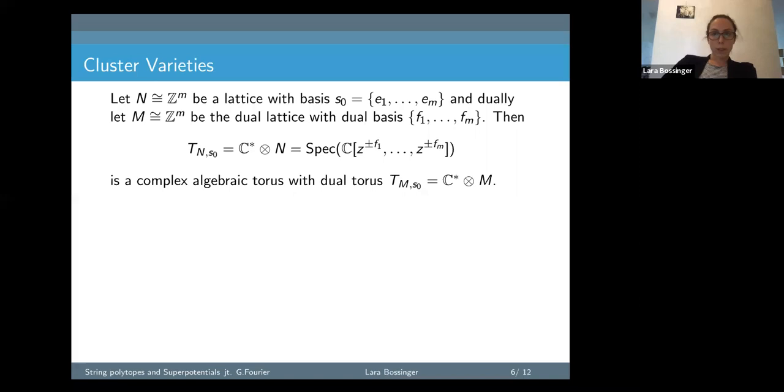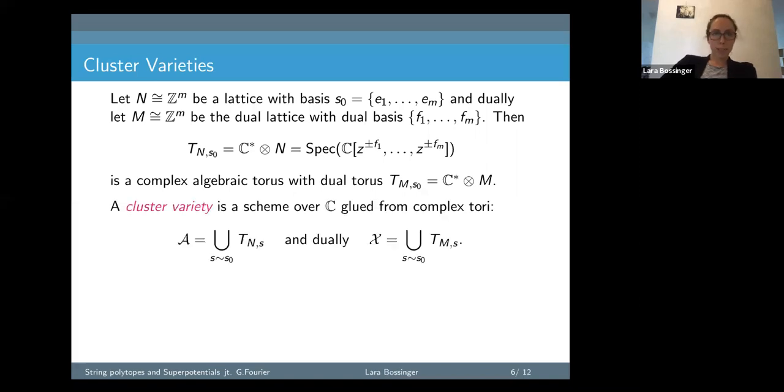Now, with this information in place and some additional data that I hide from you now because it's quite technical, that's essentially all I need to define a cluster variety. So a cluster variety is a scheme over the complex numbers that is glued from complex tori.